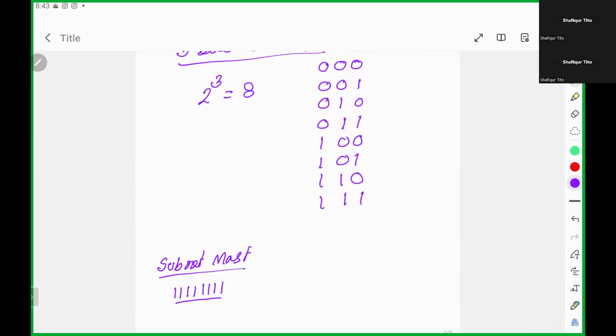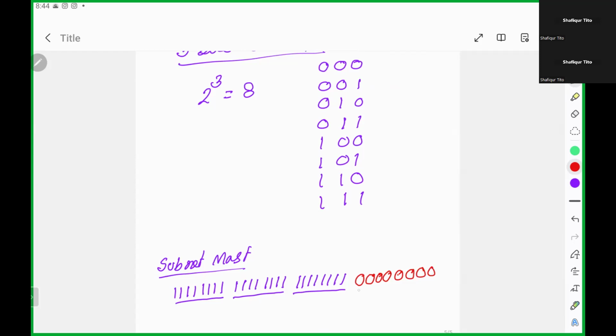So this is 8 bits. Then another 8 bits, and another 8 bits. So these are the 24 bits, and the rest of the bits are 0 for the subnet mask.